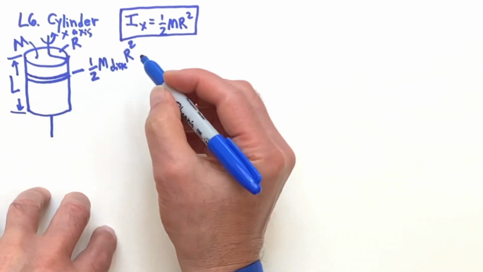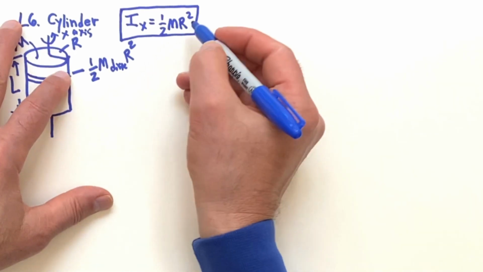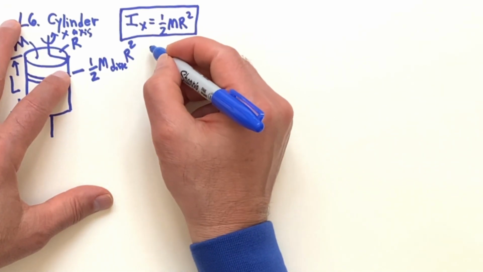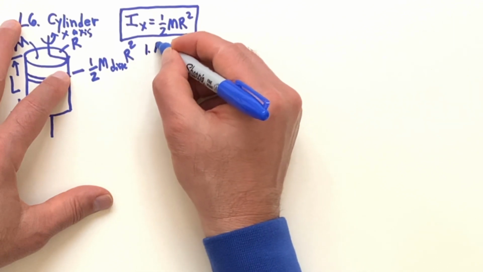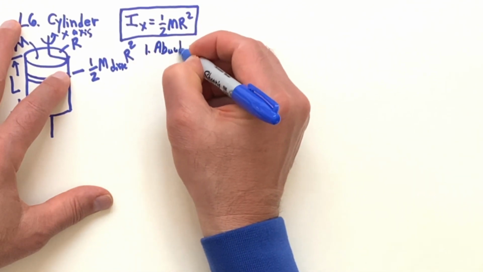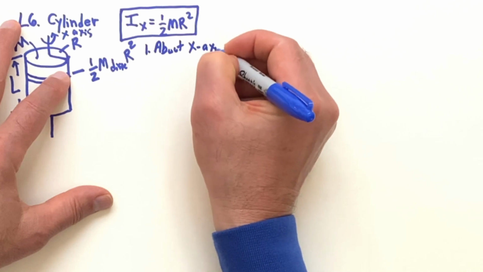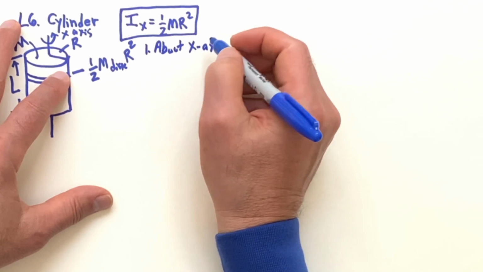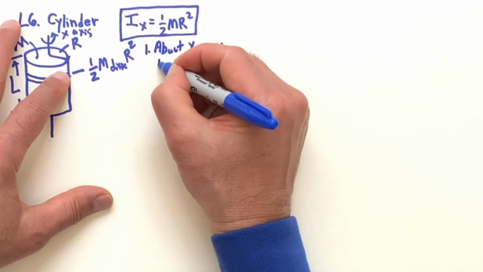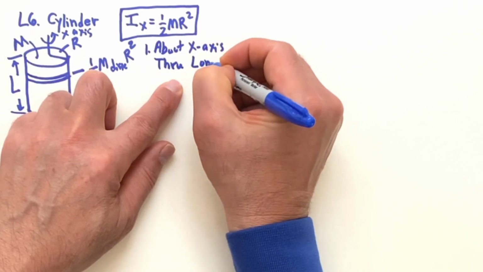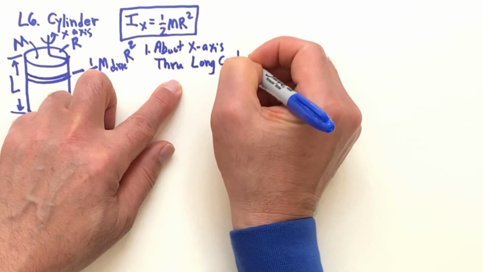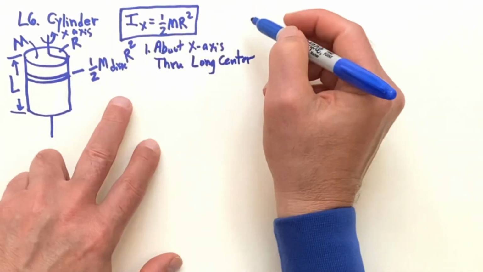But what about doing it about another axis? So this is going to be I about x-axis, and just to emphasize what that is, that's through the long center. Straight down like that.